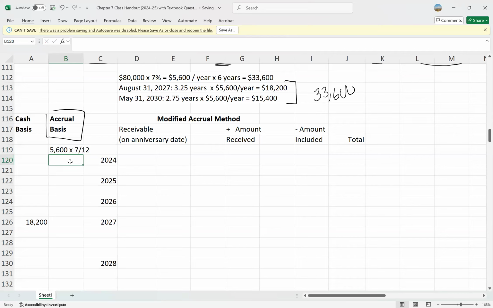For the first year, under accrual accounting, we would have 3,267 because it's only 7 months. Every year thereafter, it would be 5,600 because we have full years under the accrual basis.